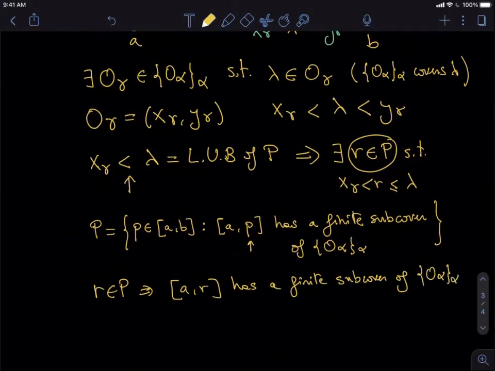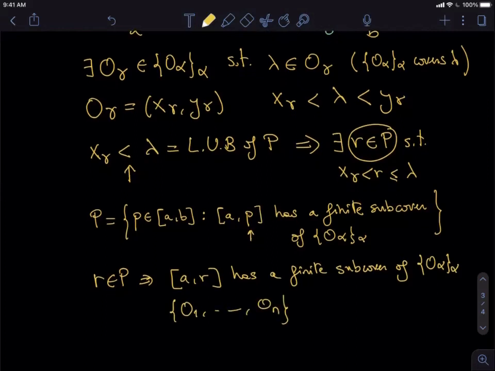So that means that the interval AR can be covered by a finite number of open sets. Let's call them O1 through ON.